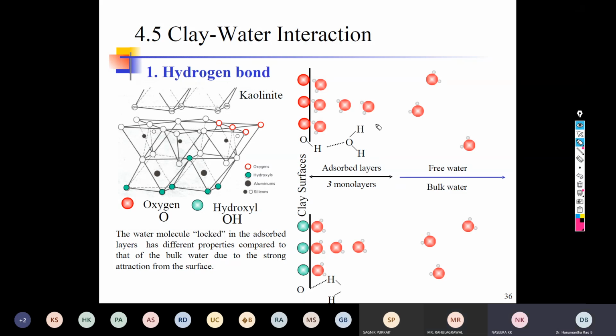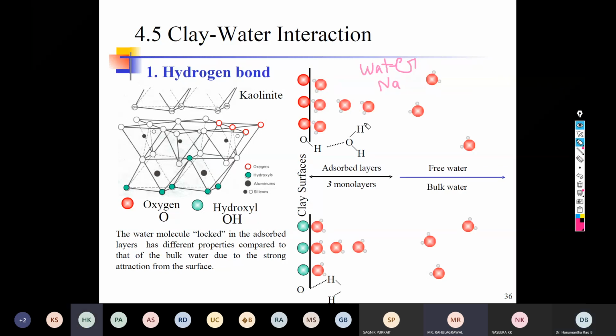The adsorbed water will be contaminated. Let us try to understand. The particle surface has a negative charge. Let's imagine that initially I am introducing only water. Now, instead of water, if I introduce another chemical, such as sodium, what happens?